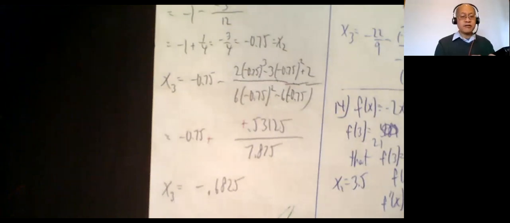So 2 times -0.75 cubed minus 3 times 0.75 squared plus 2.